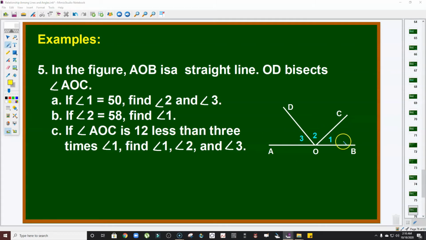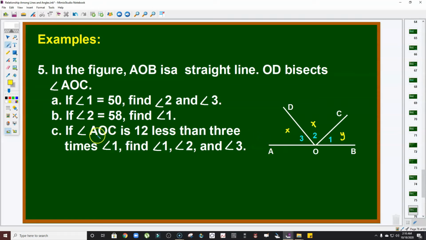If angle AOC is 12 less than 3 times angle 1, find angle 1, 2, and 3. Hindi binigay yung exact measure ng angles. But once again, OD is the angle bisector. So meaning to say, x yan, x din to. Since angle 1 is unknown, I'm going to use another variable, in this case, y.